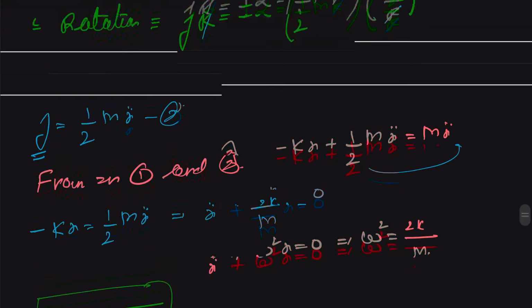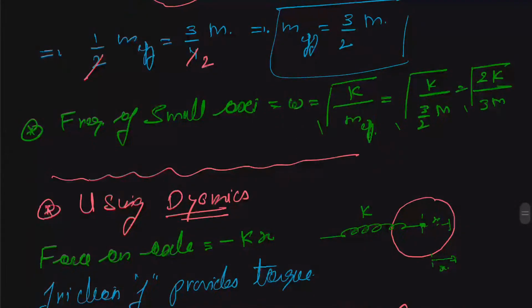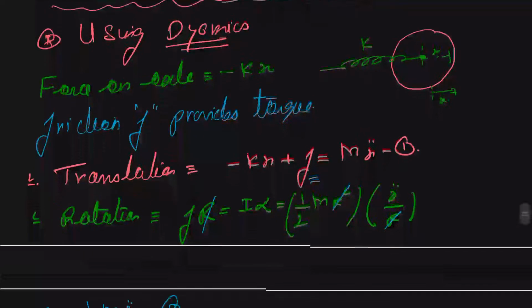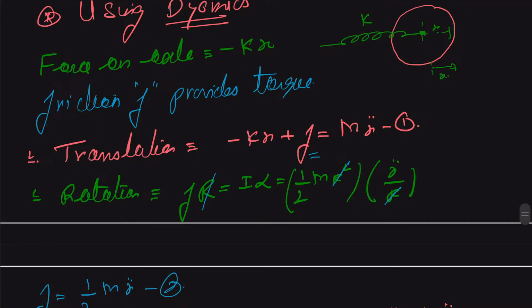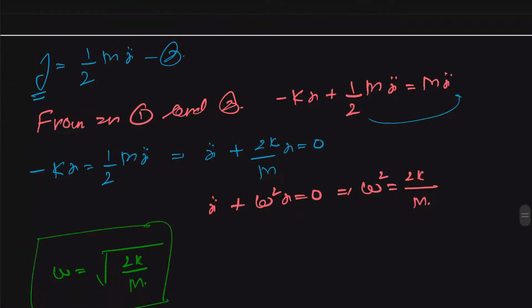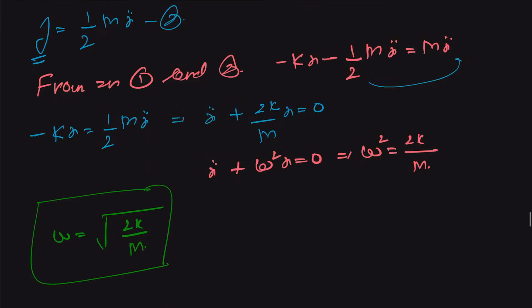I think something is missing, one second. Kx, translational, is our f, okay, yeah, minus of f, and this will be giving us 3 by 2, or 2 by 3.